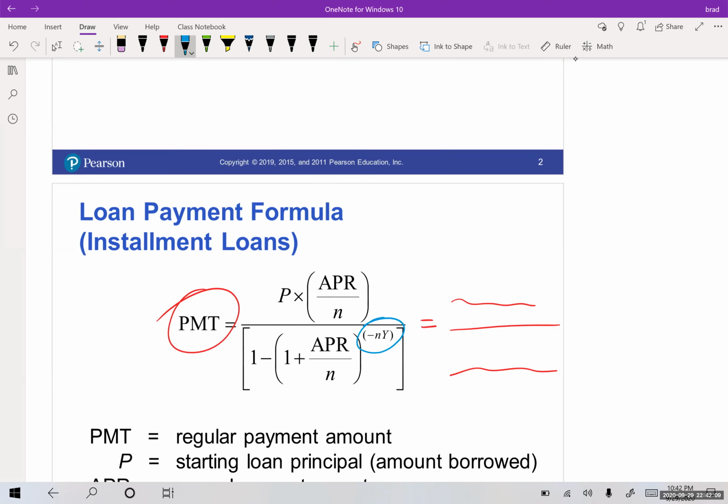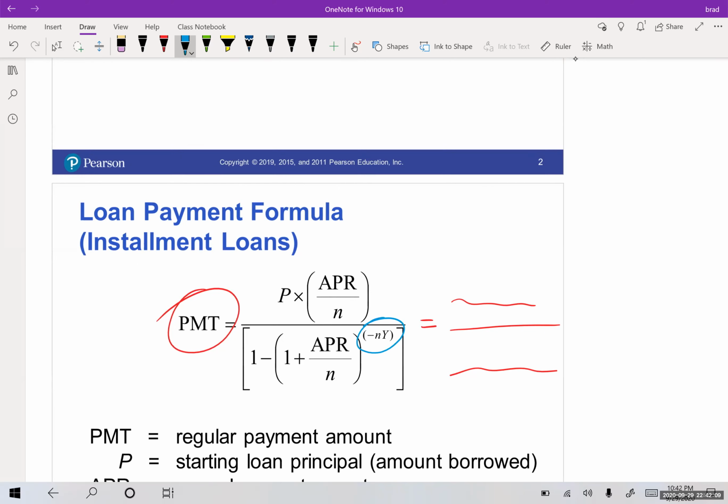Okay, so let's see what we got over here. We have a little room. So now I'm going to take out my calculator, and I'm going to do the numerator first.